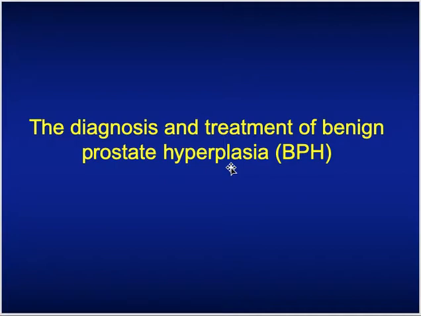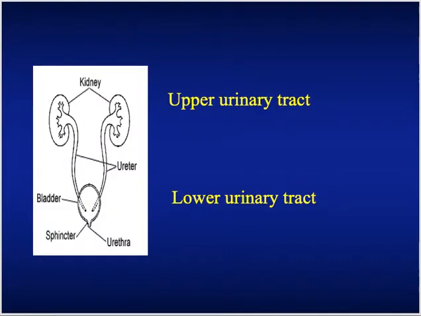Now, to understand this condition, the first thing we must understand is the anatomy. As we already know, the urinary tract can be divided into the upper urinary tract and the lower urinary tract. The prostate lies at the neck of the bladder.